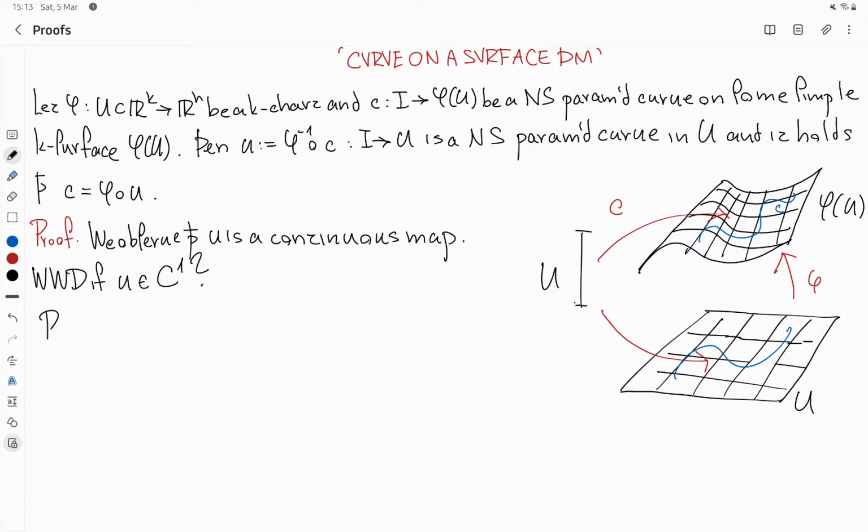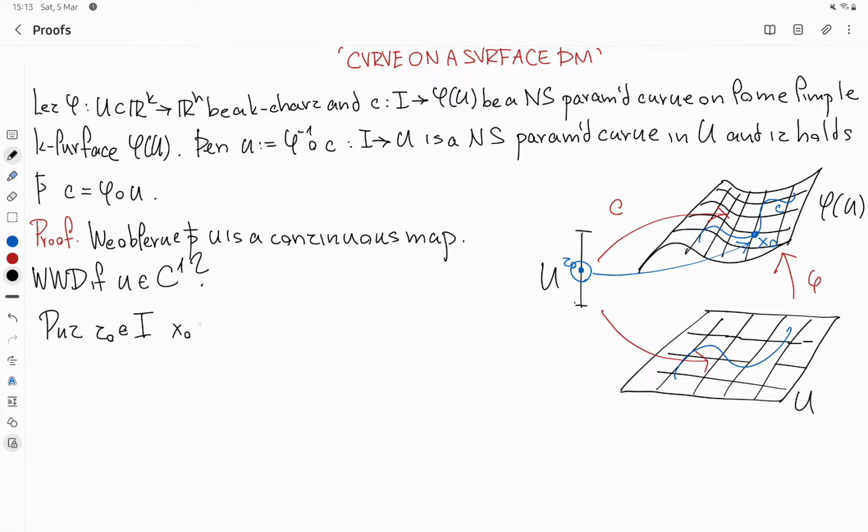So, let t0 be some element of the interval I. Then we denote x0 as the image of this under C. So t0 will be mapped somewhere here to be x0. Right? Let's write it down formally.